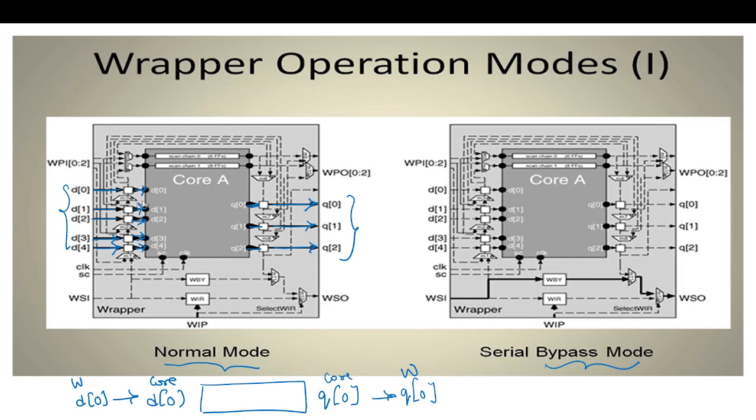In bypass mode, whatever is applied at WSI, we want it at the WSO. So we are enabling this bypass register, and this multiplexer selects this signal, and again this multiplexer selects this signal. So we get this WSI coming here from the bypass register obtained at the WSO. So this is the serial bypass mode.